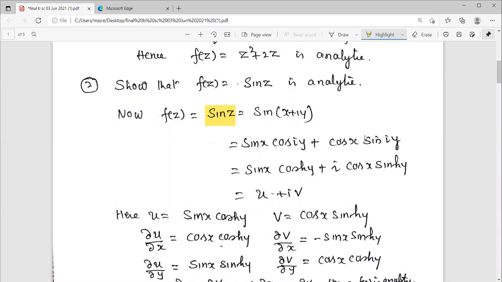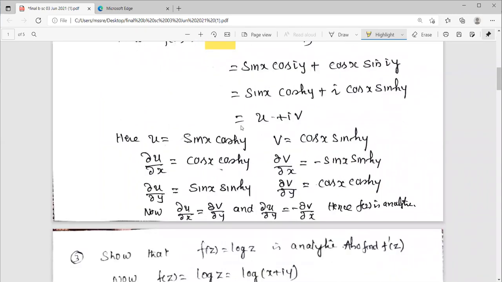Remember, sin iy can be written as i sin hyperbolic y. You have to remember this. Cos iy is always cos hyperbolic y. Sin iy is i sin hyperbolic y. So that it is of the form u plus iv. Here u is sin x cos hyperbolic y and v is cos x sin hyperbolic y.